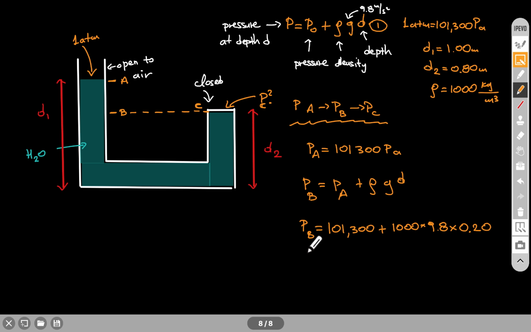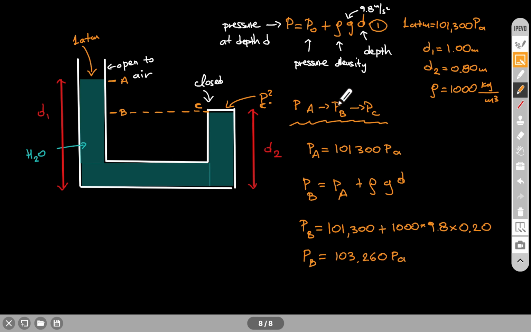If we do the calculations, we will find that the pressure at B is 103,260 pascals. And this is the pressure at B.